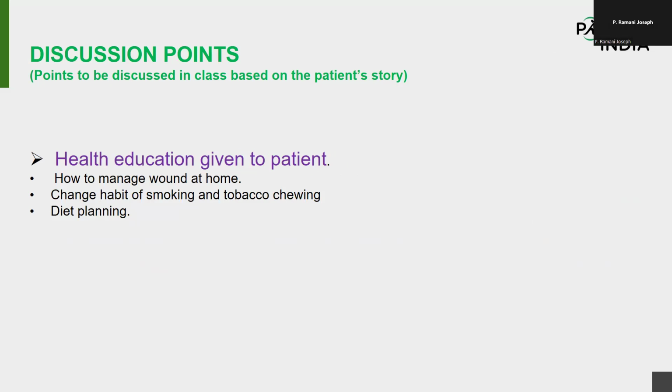The social aspect and psychological aspect can be included in a better way, because the patient was diagnosed in 2023. After taking all the chemotherapy and radiotherapy, in spite of the treatment, the patient had a recurrence. So the psychological aspect we can specify a little more.